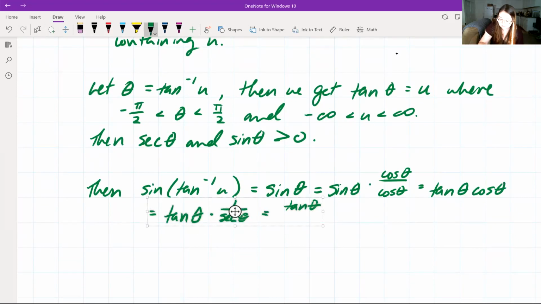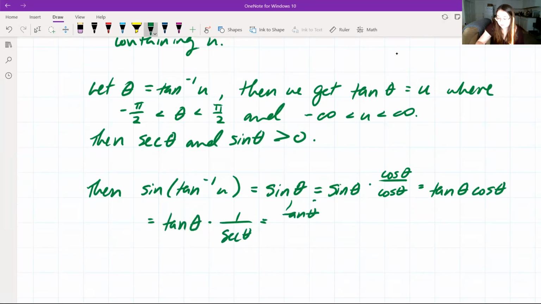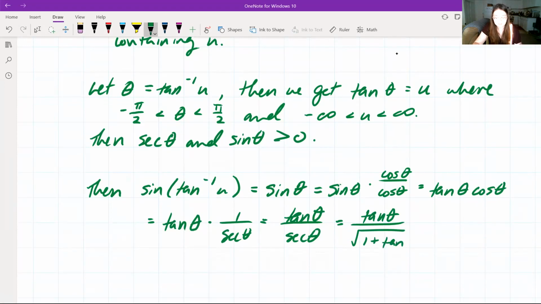Let's move this down so we have some more room. So now we have tangent of theta over secant of theta, which using our trigonometric identities, we can say that secant of theta is equal to the square root of 1 plus tangent squared of theta.